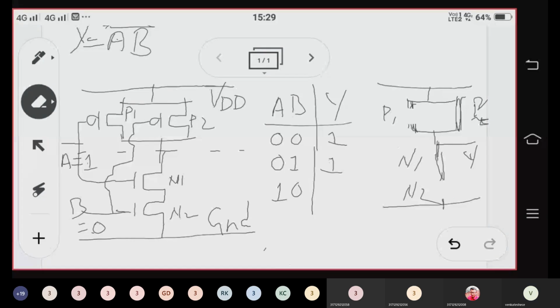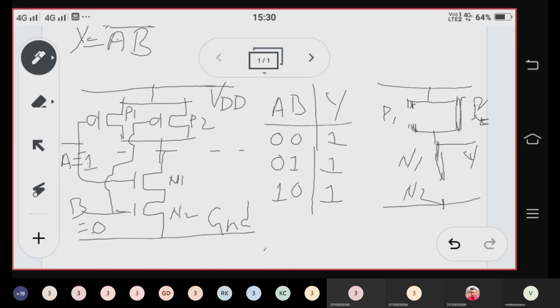There is a path between output and VDD only, and no path between output and ground. So what is the output now? 5 volts, sir. Logic 1.